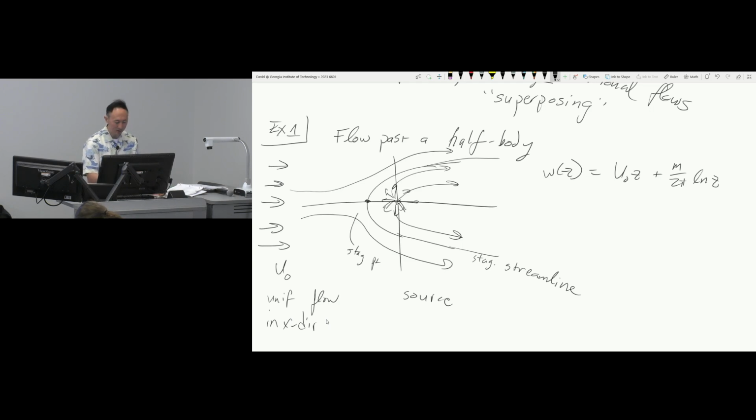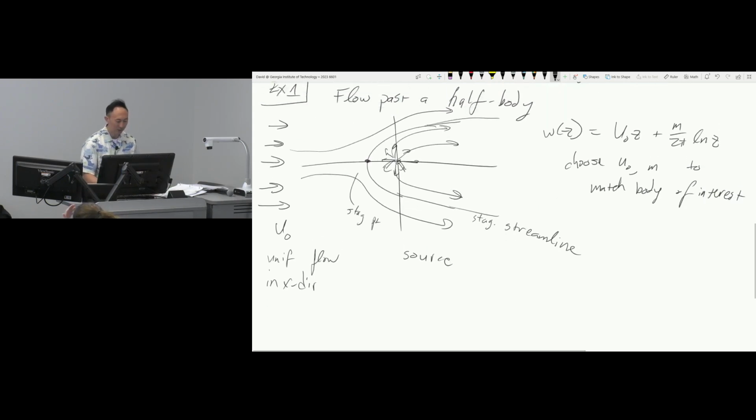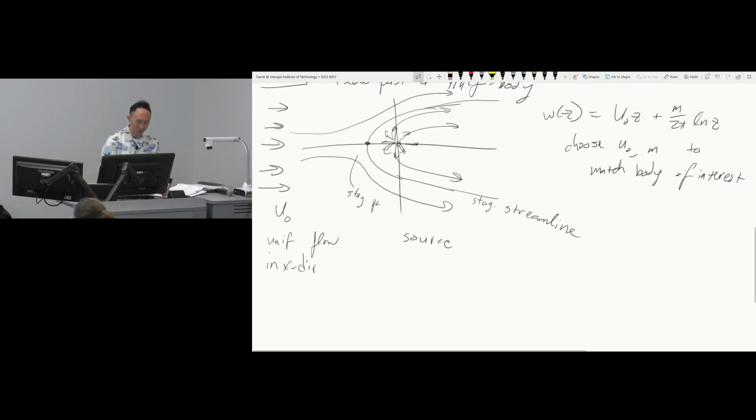And what people do is they choose U naught and m as parameters to match their body of interest. People use this to model internal or external flow.